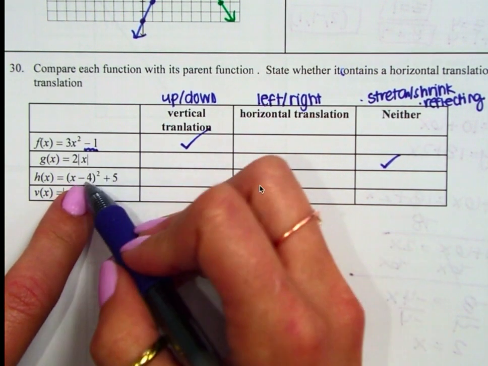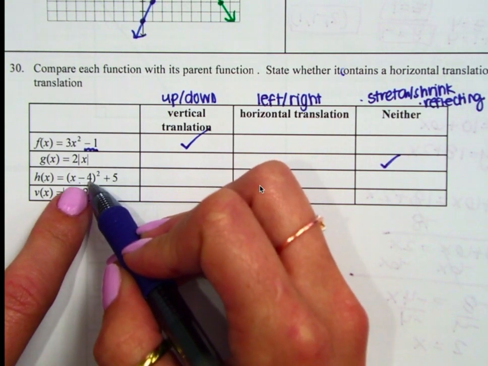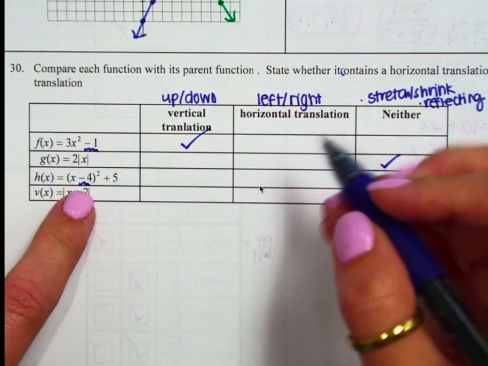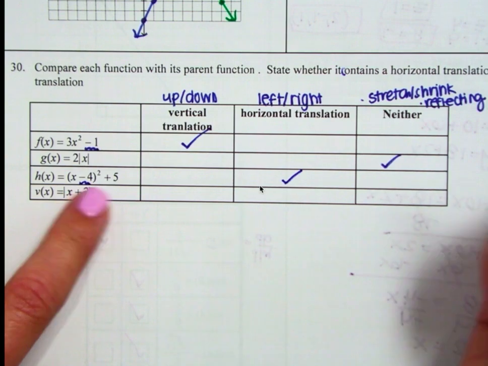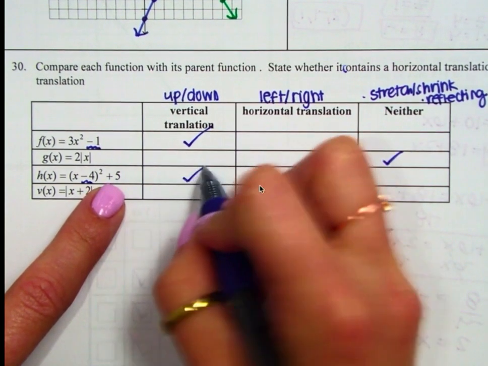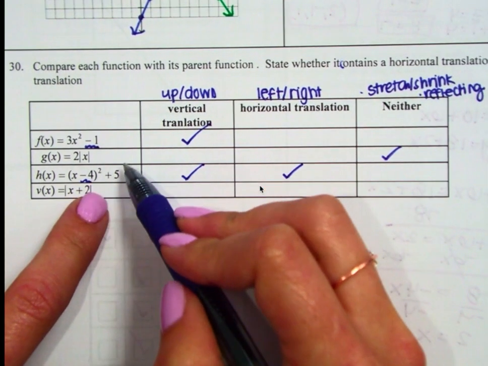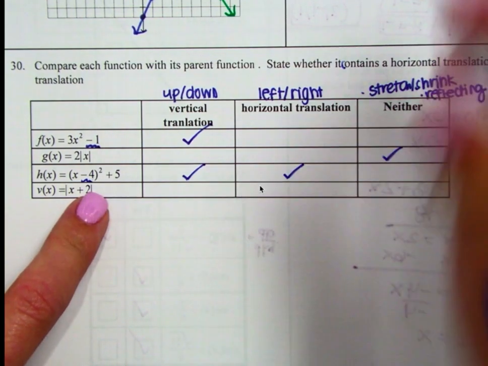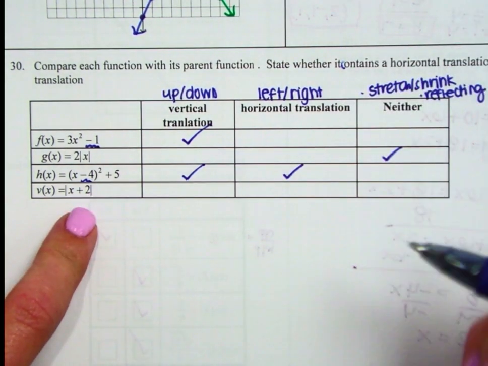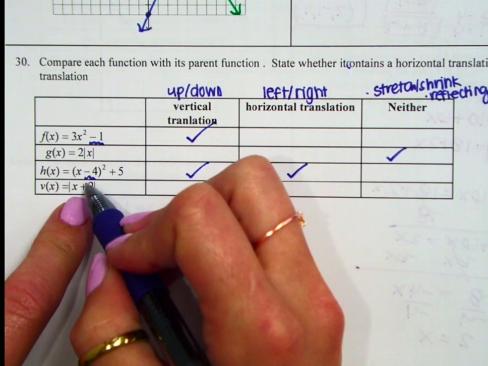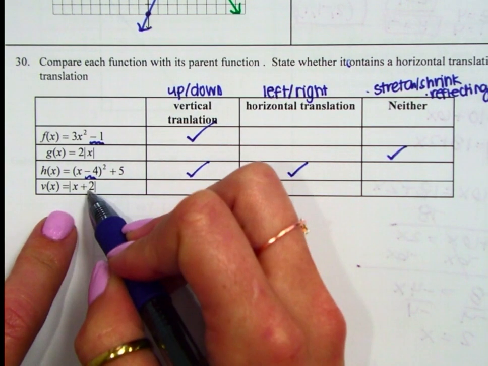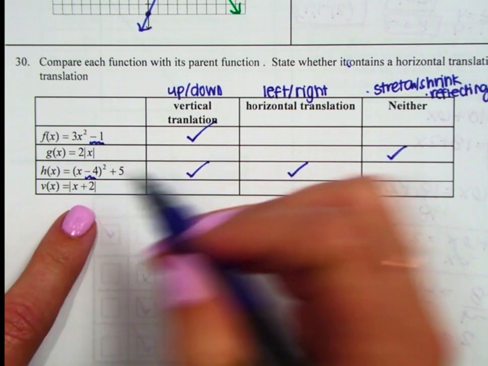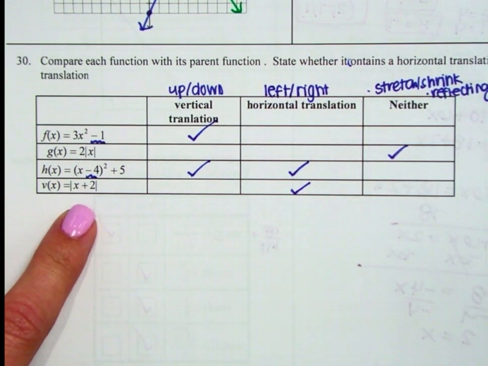Okay, right here, this means translating 4 to the right. So 4 to the right is a horizontal translation, and then up 5 is going to be vertical. So this is an example of both translations. And then for v of x, inside my absolute value symbol means I'm going to translate 2 to the left, so horizontal translation.